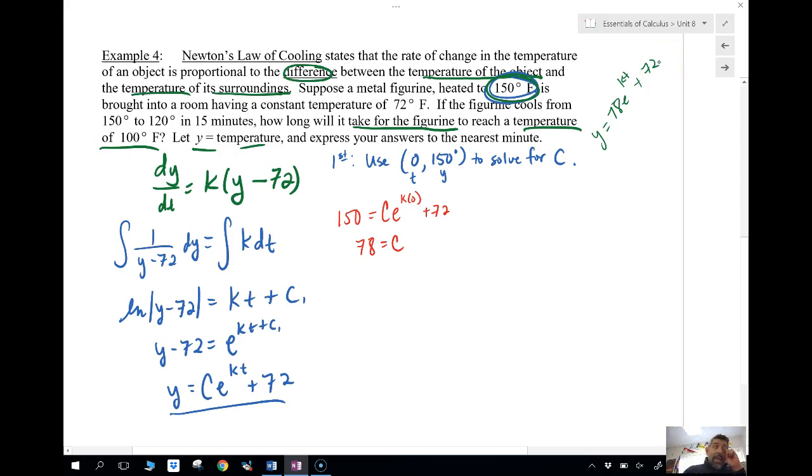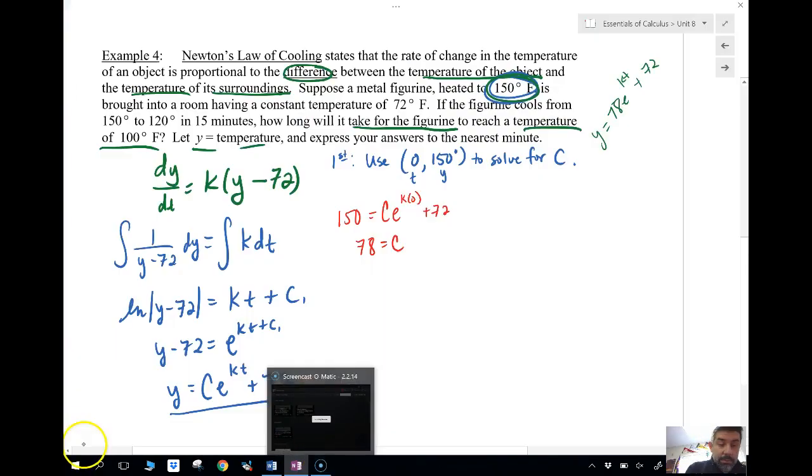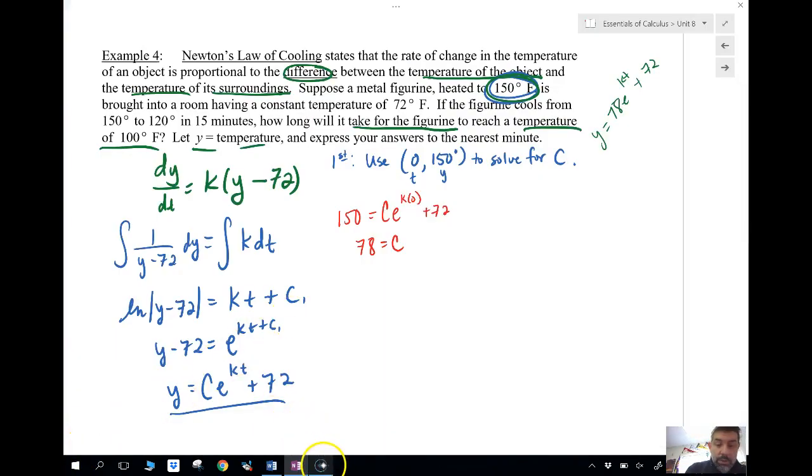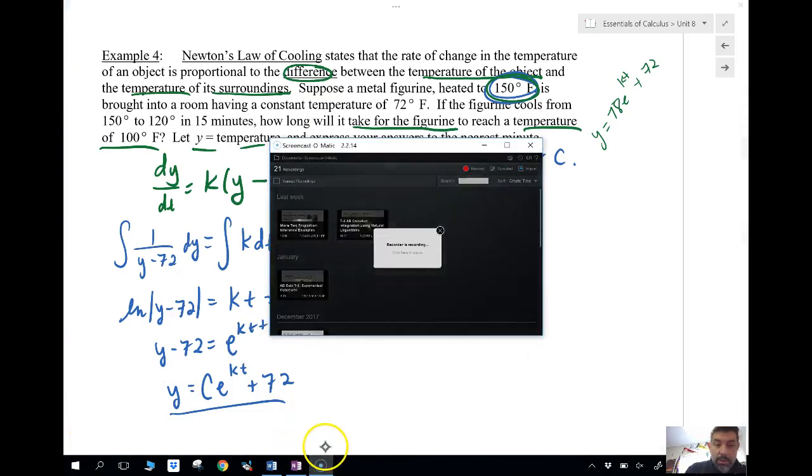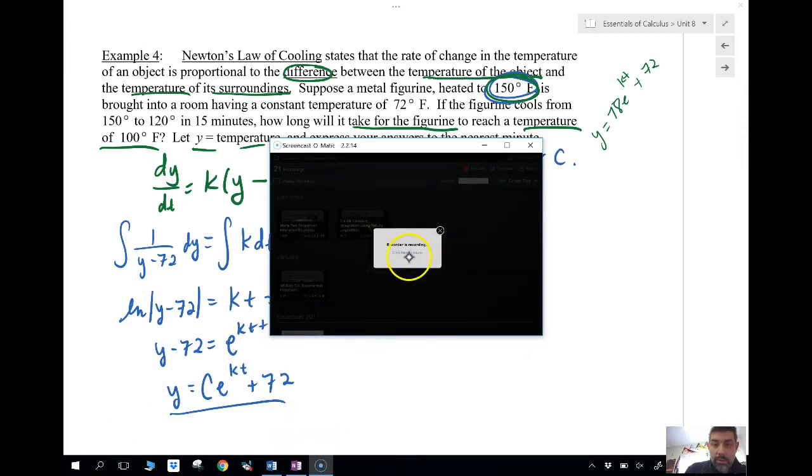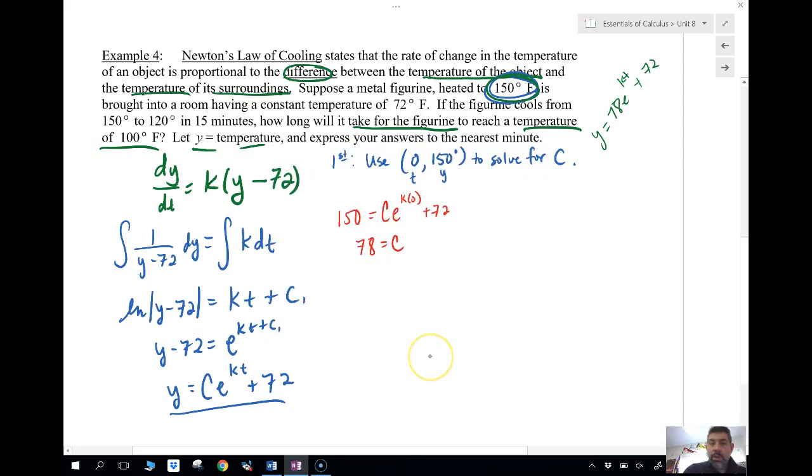We're going to find k by using our second bit of information. If the figurine cools from 150 to 120 in 15 minutes, that's our second piece of information.